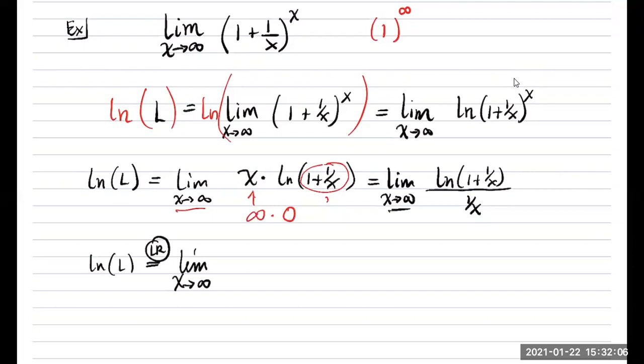So I'm going to replace this limit right here with a new one where I take the derivative of the numerator and the derivative of the denominator. The derivative of the logarithm of 1 plus 1 over x is 1 over 1 plus 1 over x times the derivative of 1 plus 1 over x.